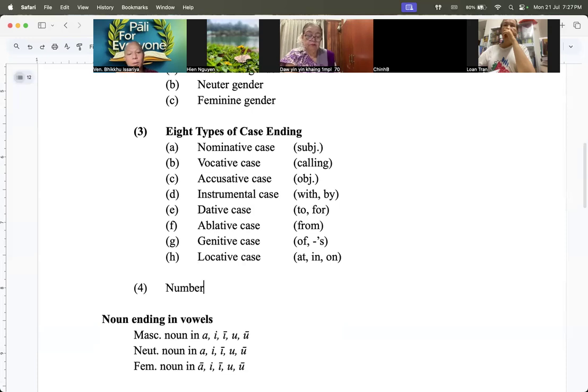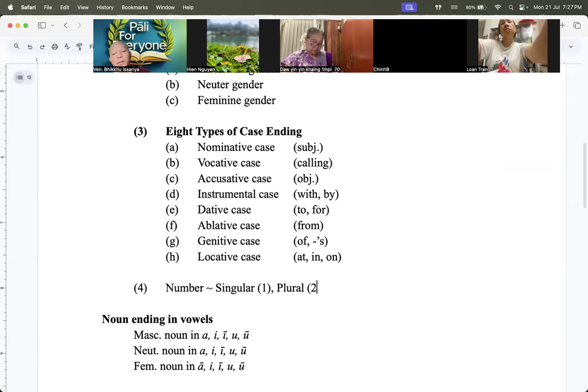Number: singular and the other one is plural. Singular means just one, but plural means two plus.